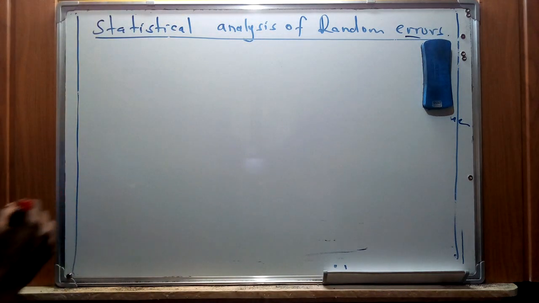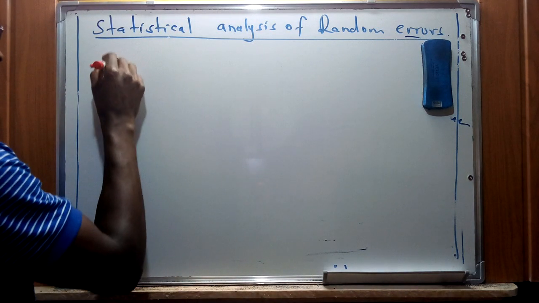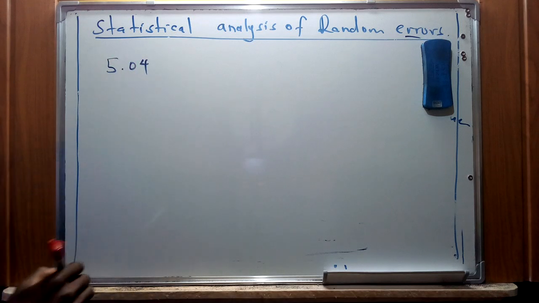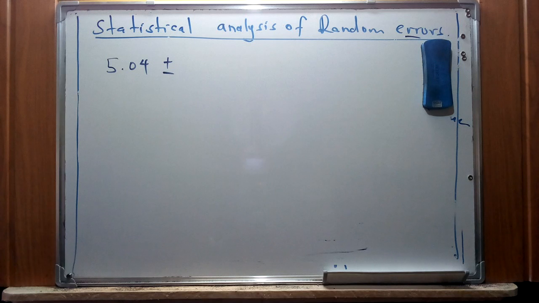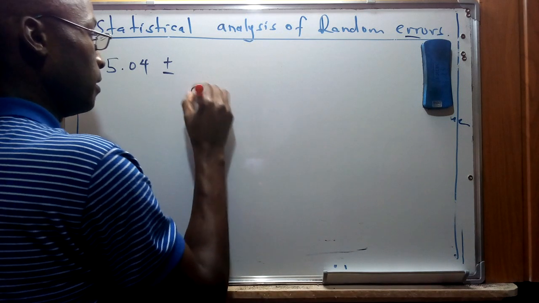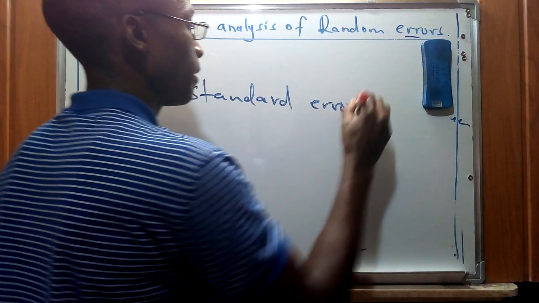If we are trying to find a way in which we can express that mean that we say is 5.04, we're going to have an uncertainty that we link with this recording of the mean, and the error of uncertainty in this mean value is going to be referred to as the standard error.